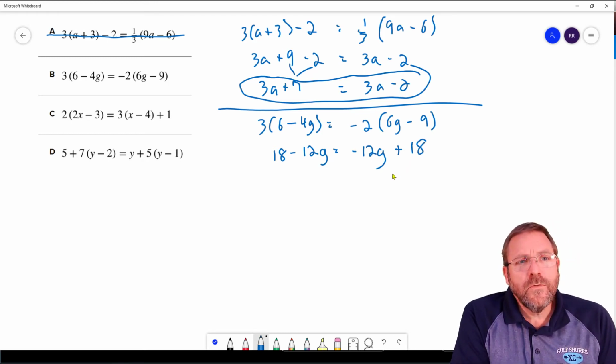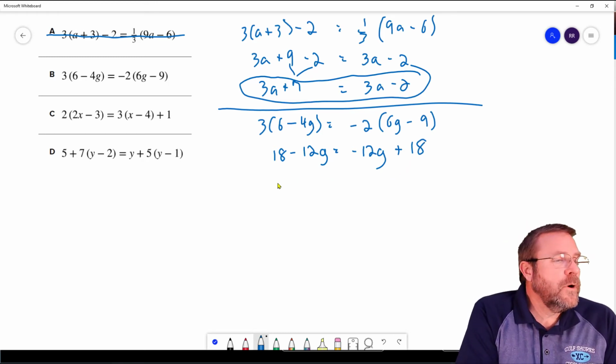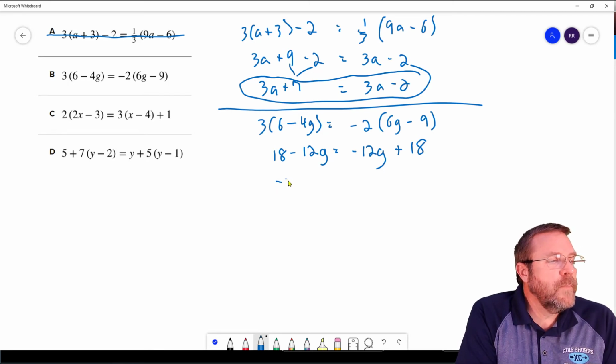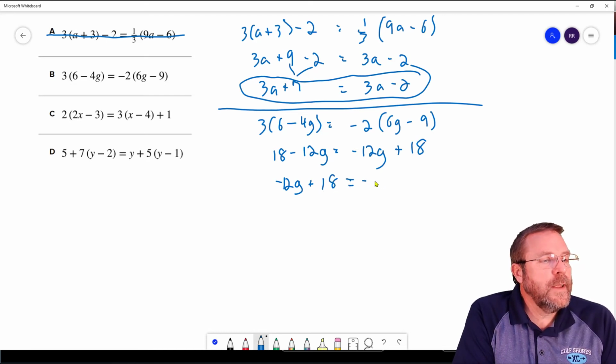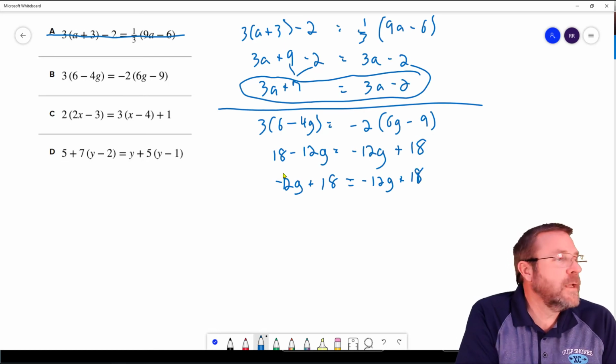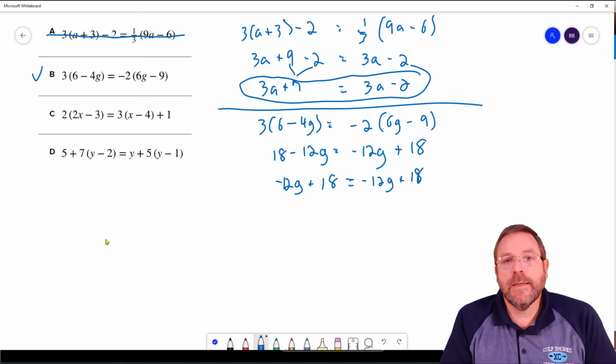Now right now those look different, but the commutative property of addition says order doesn't matter when adding, so we can flip those two around so that they do actually become the same exact thing. And since they're the same exact thing, B is going to be an identity.